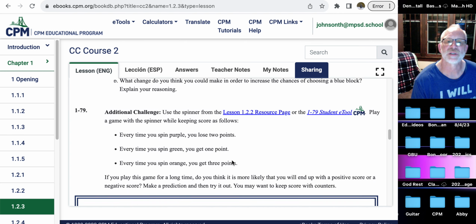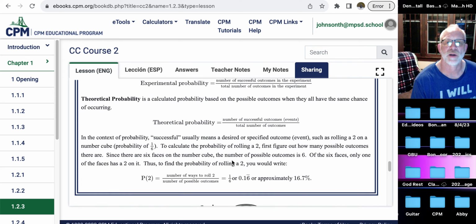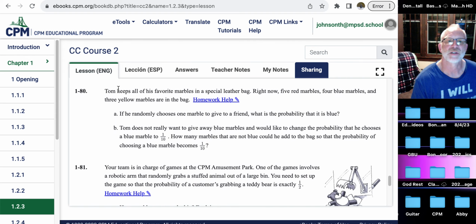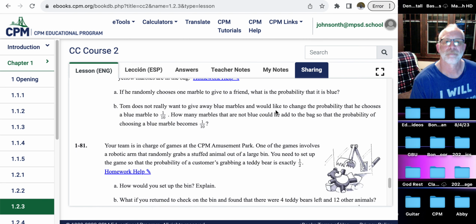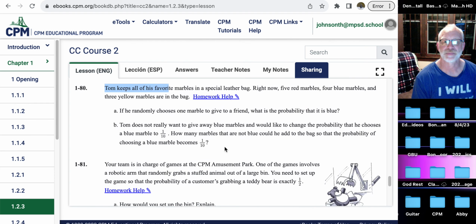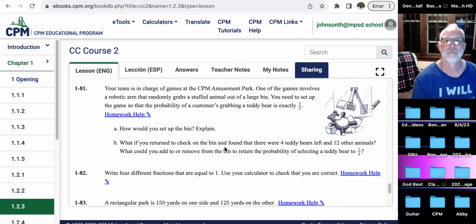And then we're going to slide all the way down to our homework. And just remember, on your homework, you can access your homework help. So this one is about drawing marbles from a bag, kind of like what we did today. This is about a random game at an amusement park that grabs stuffed animals.